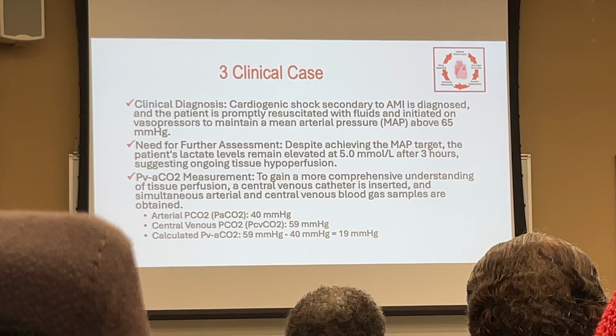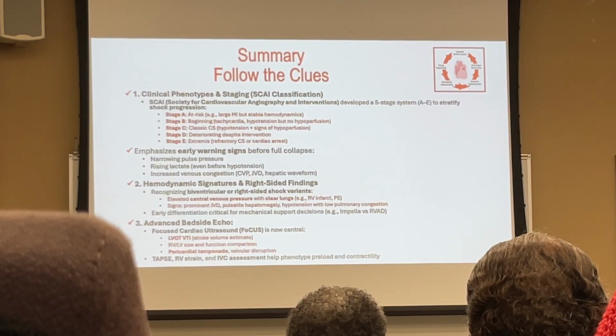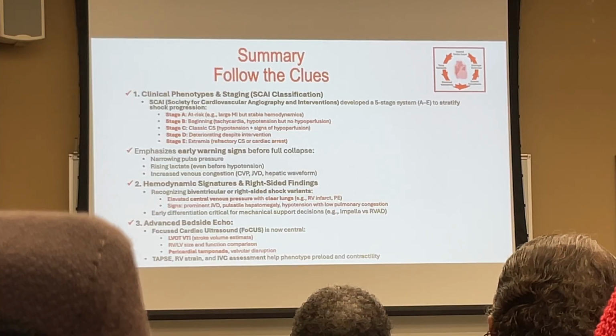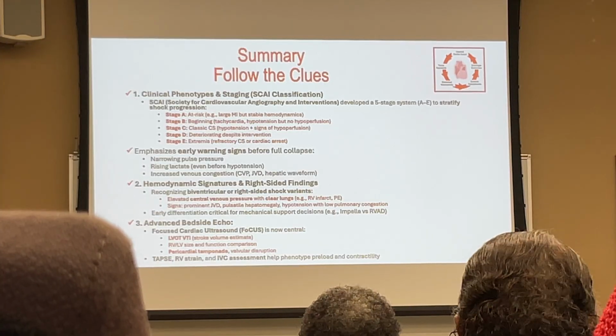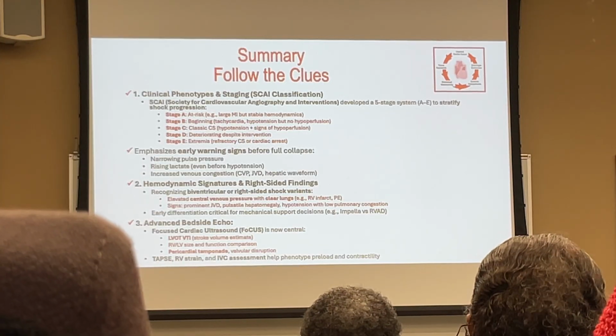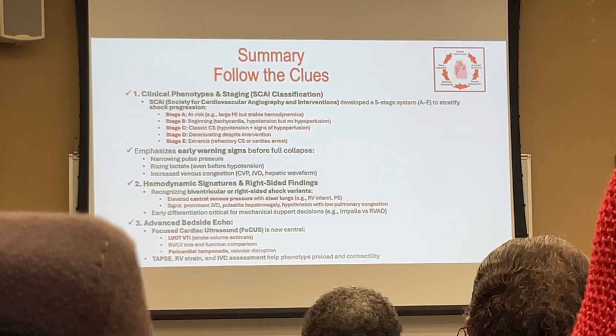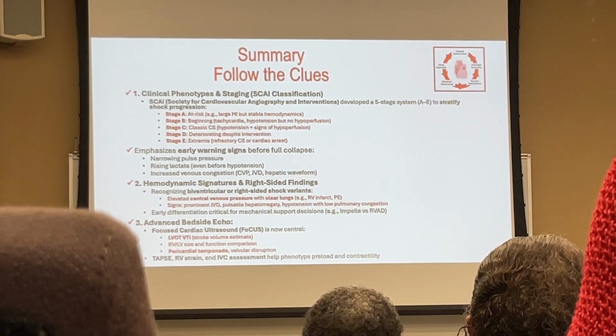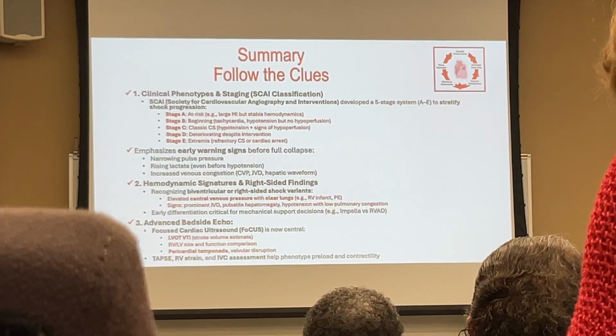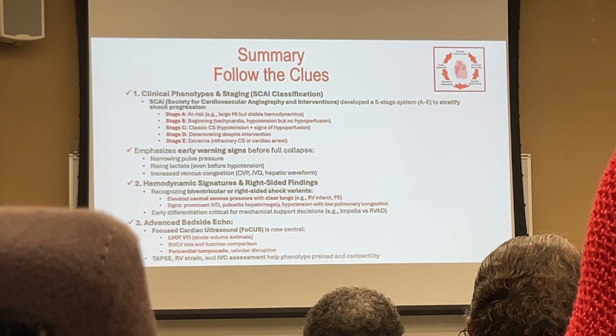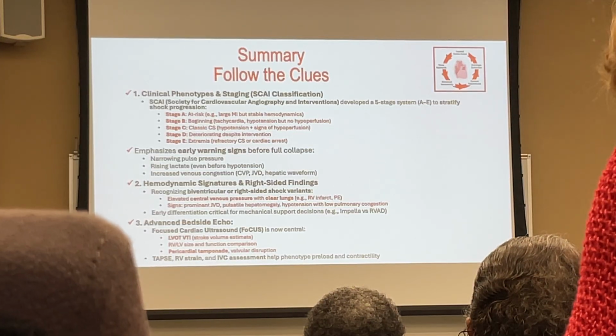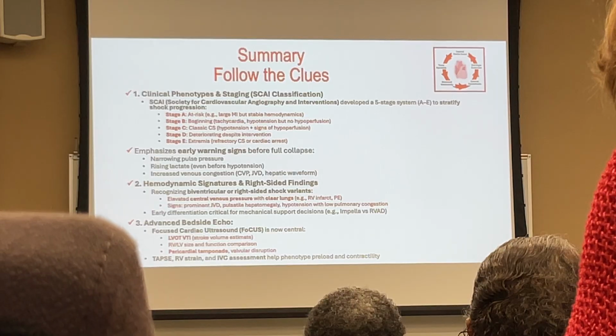And that's what really brings us to our best possible method. So I'm just going to do a quick summary. Follow the clues. So everything that we've talked about in terms of our clues, follow those clues. Think about focused ultrasound, think about bedside evaluation, look at the interpretations and apply that. Narrowing pulse pressure, rising lactate, increased venous congestion.